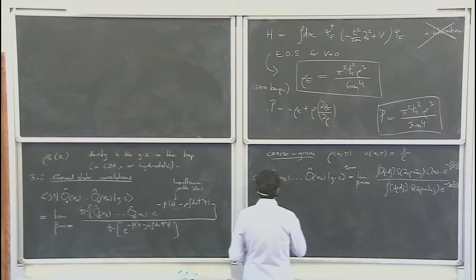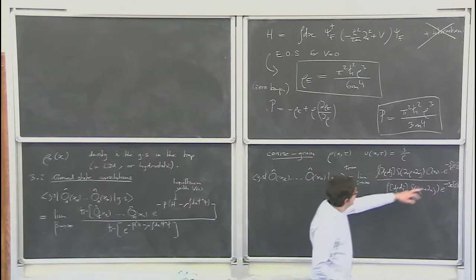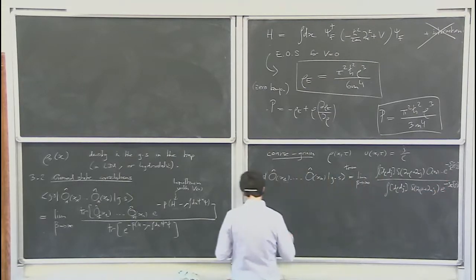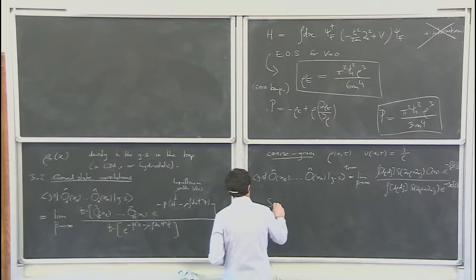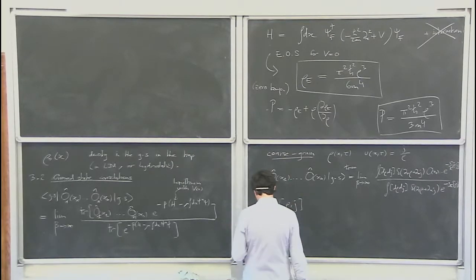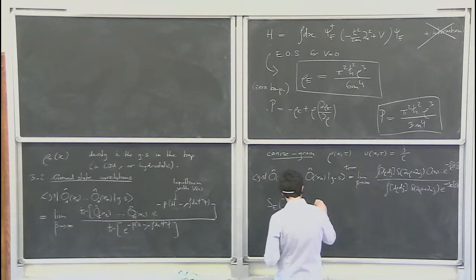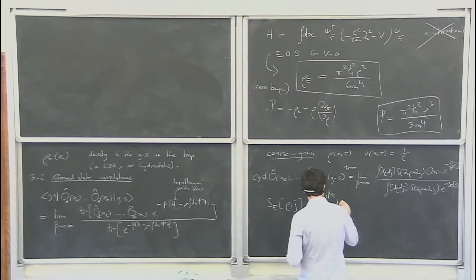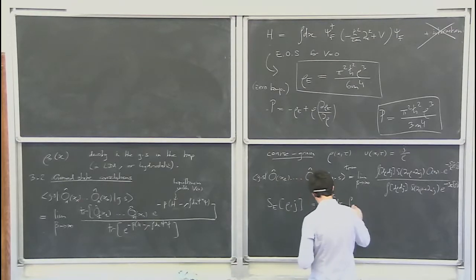All right. So now I need to tell you what this is. This is basically the energy integrated over time, or if you prefer, it's the Euclidean action. So this we can write as this.